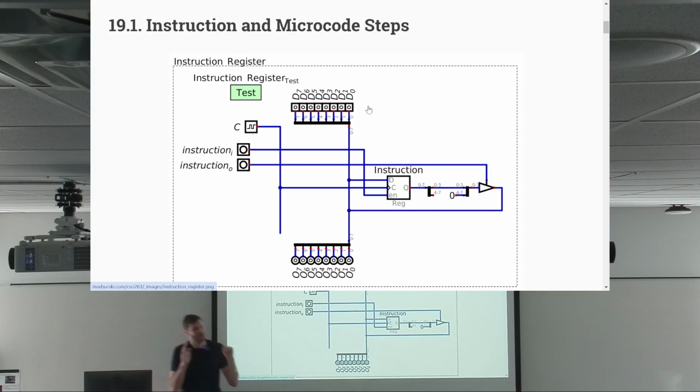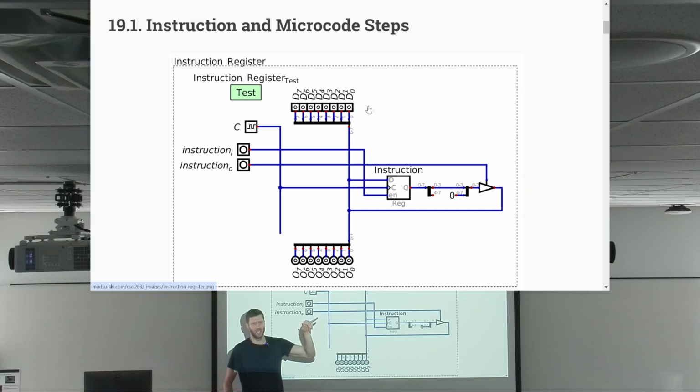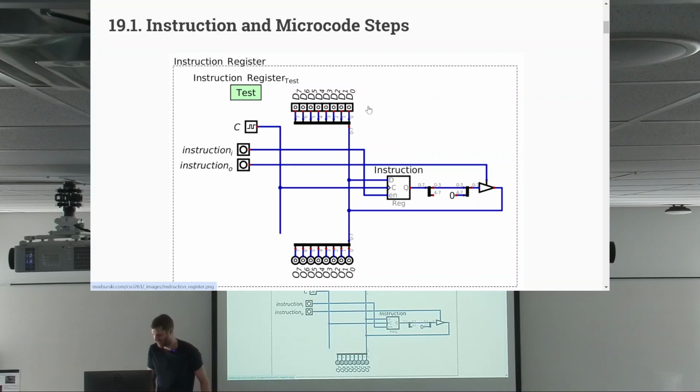But we also saw that big thing that we can't just use a static lookup table to say, take this instruction and do load A, because load A takes several steps, notwithstanding the whole fetch cycle as well. So we can't just say, take this instruction and do that to the control signal, because we have multiple steps. But we can, with a stupid little trick. A very stupid but clever trick.